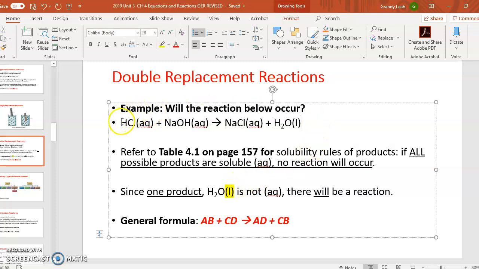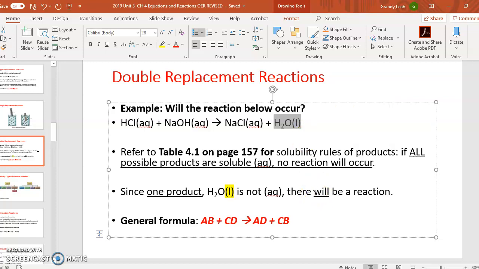So here's one where we have hydrochloric acid reacting with sodium hydroxide. If NaCl aqueous is formed, then that will be soluble. But now this is not solid, but it's a pure liquid, which is different than aqueous. So we say that we have a product that is not aqueous that is formed, so we say there will be a reaction.